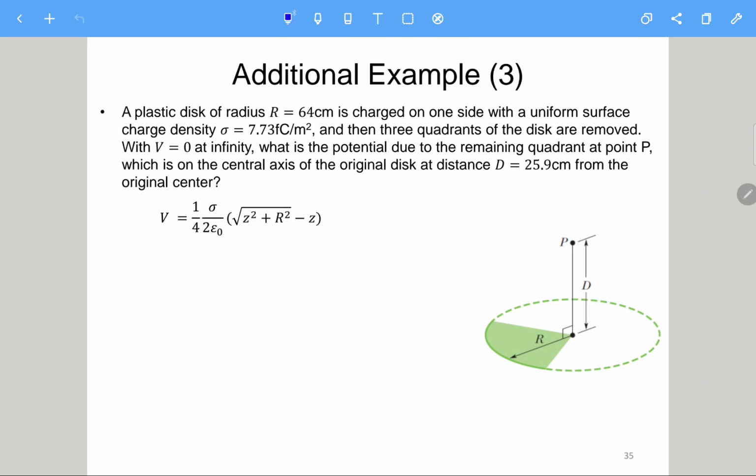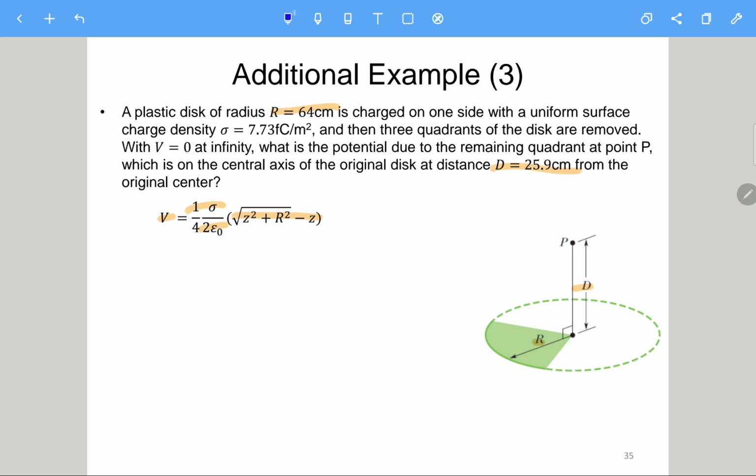Okay, let's finish this one quickly. So we have a plastic disc, R equals 64 centimeters, and D is 25.9 centimeters, and then using this expression, without the 1/4, which was originally derived, but now it only has a quarter of the disc.